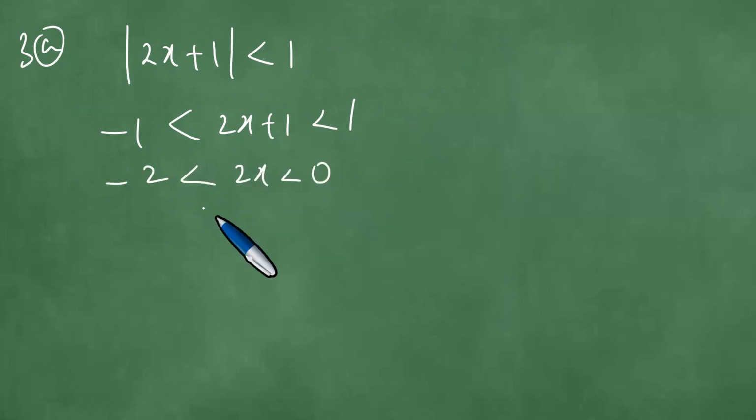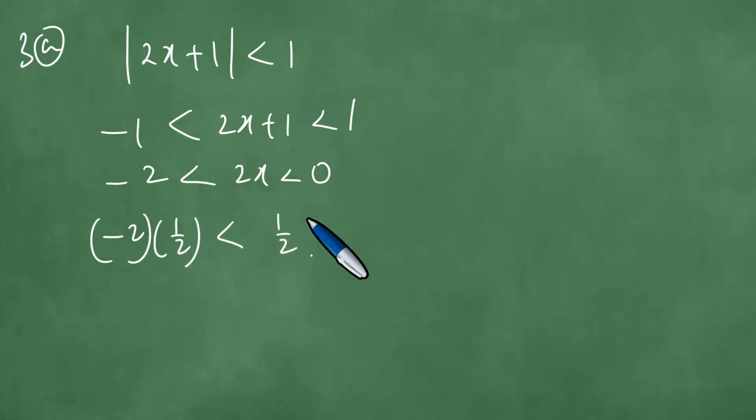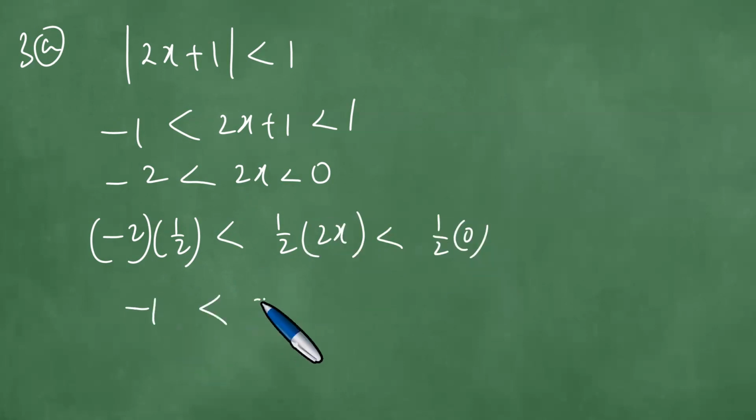Then you divide by 2, or multiply by 1/2, because it's only multiplication by 1/2 that is going to remove the 2, giving you minus 1 less than x less than 0. Okay, so this is the answer.